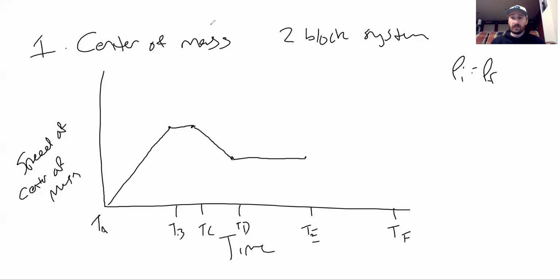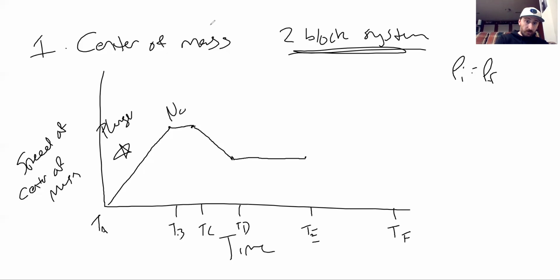So when we look at this, velocity can only change if there's an external force on the system, on the center of mass. Now, keep in mind, we have a 2-block system. All right, there are external forces. In this part right here, the beginning part, the plunger gives you the external force. No external forces here, that's why it stays constant.